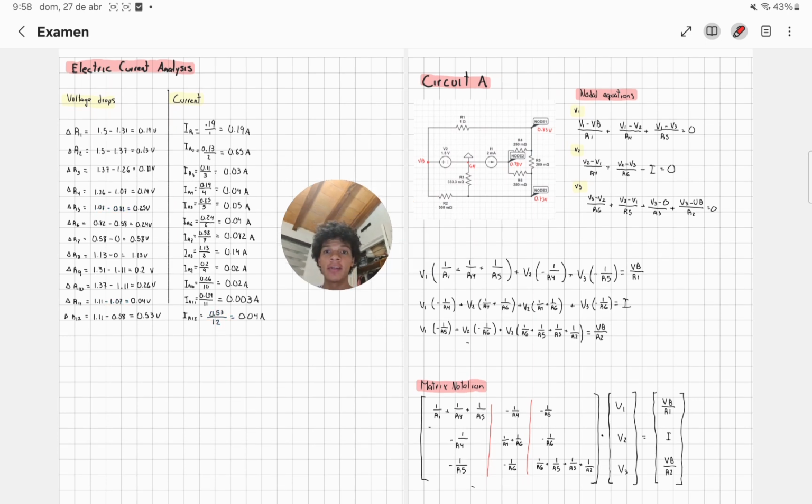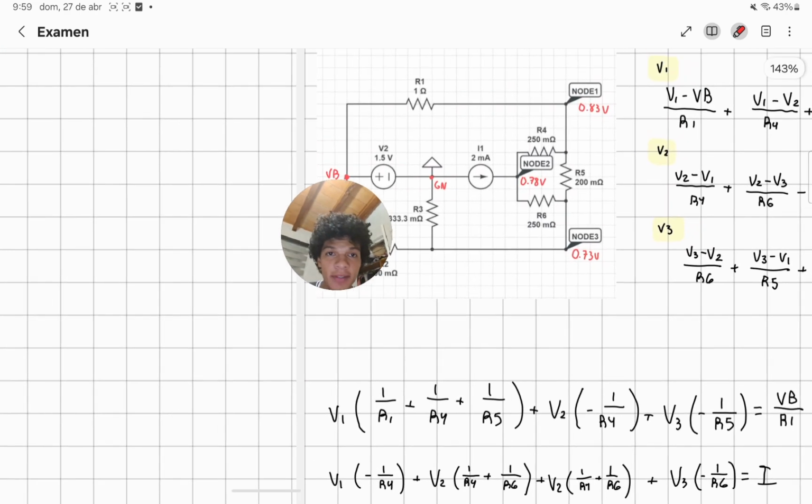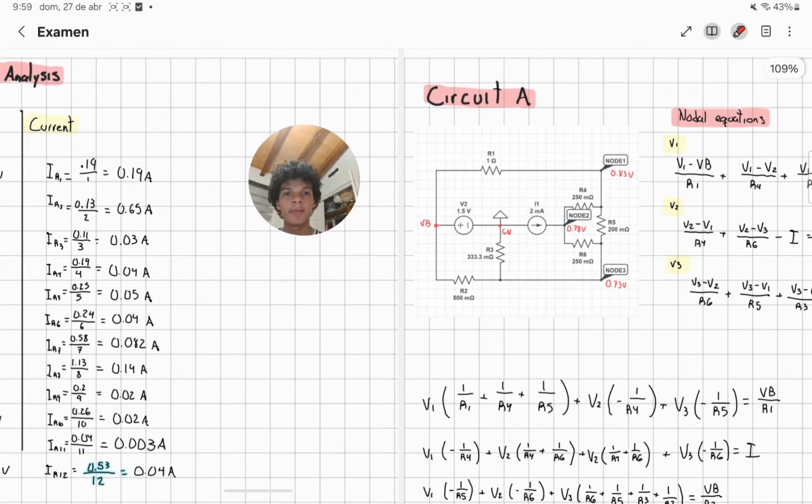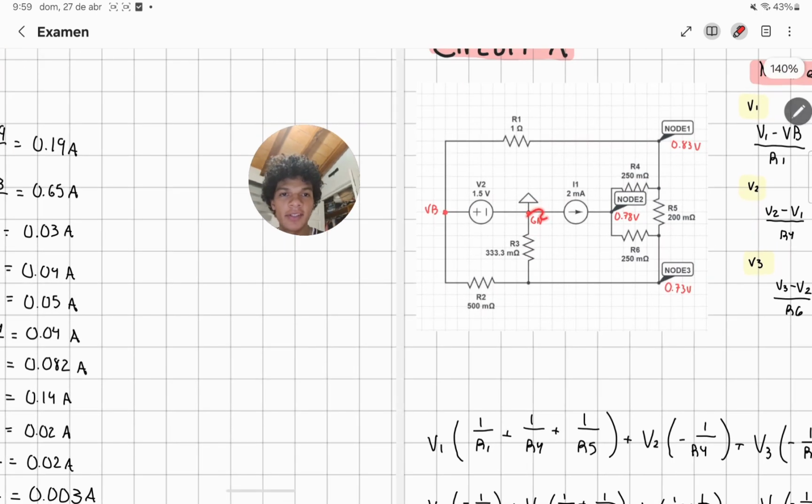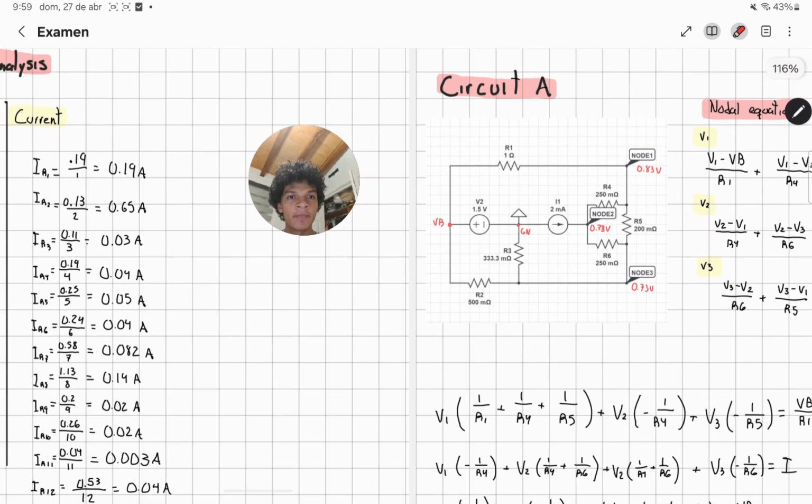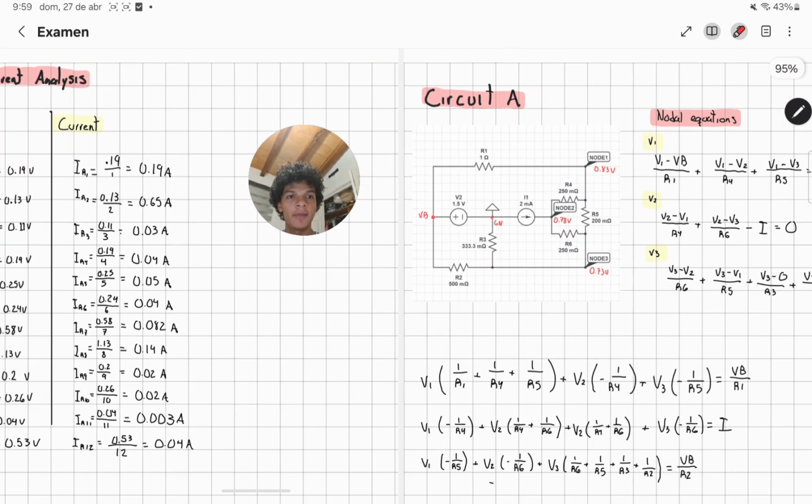Now, for the next exercise, we have 2 circuits. I'll start with circuit A, and it's basically the same procedure. We have to first find the nodes. So I chose this as ground node, the battery voltage node, node 1, 2, and 3.